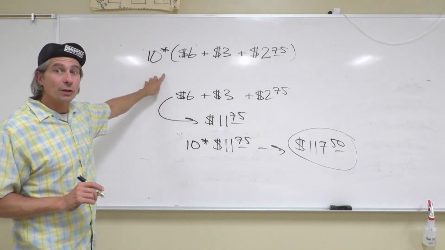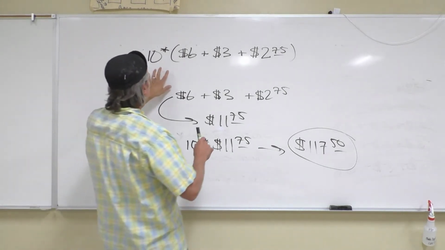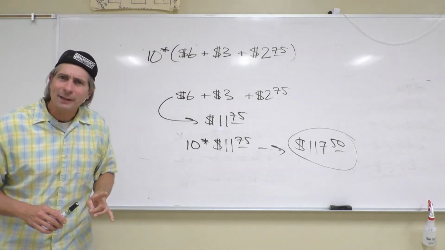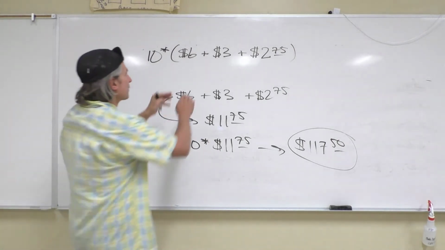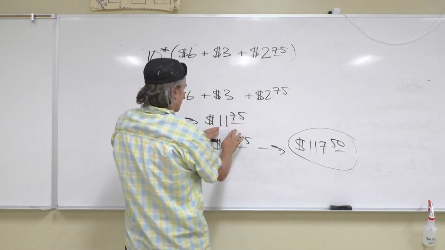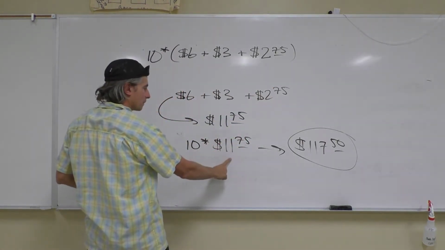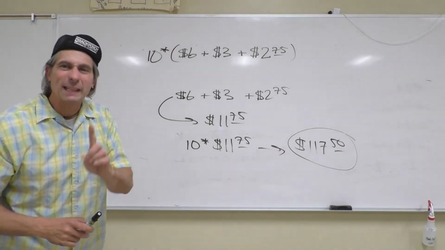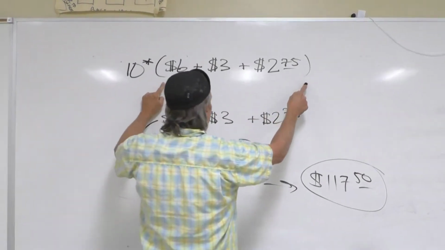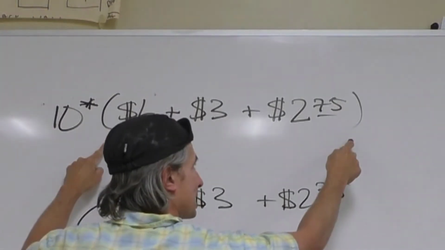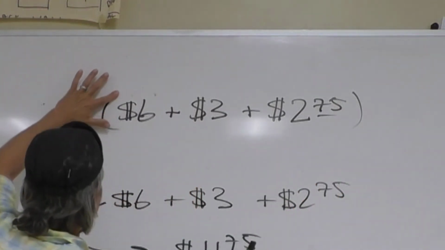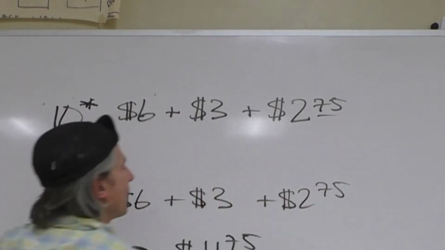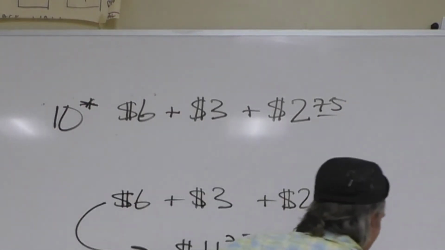Because there's a new order now. If you think about it, it seems like we broke order of operations, because we did the addition first, and then the multiplication. But that's okay because we inserted a new symbol to force the additions to happen first. If those parentheses were not there, that would be a totally different math problem.